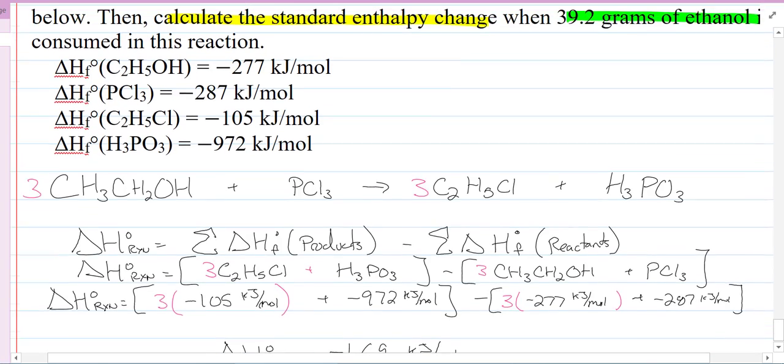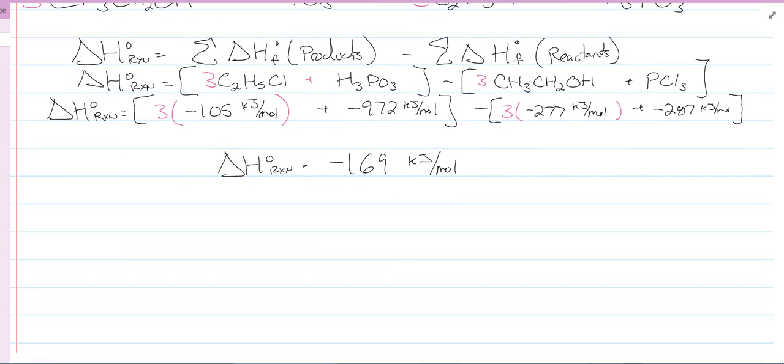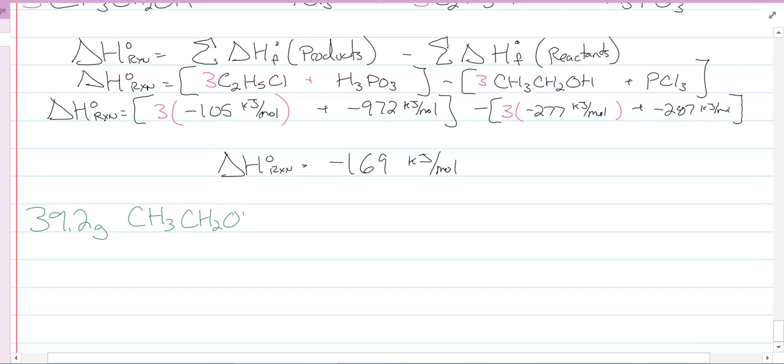Then 39.2 grams of ethanol. So we have 39.2 grams of CH3CH2OH. 1 mole of CH3CH2OH is 46.08 grams of CH3CH2OH.